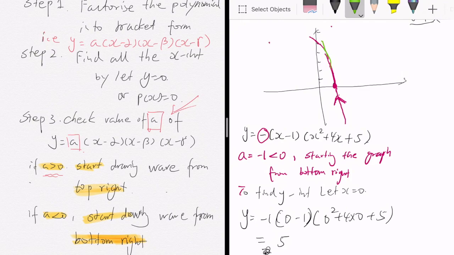So probably we'll pass the y-intercept over here, and then it could continue, or it can decrease and then increase again, and over here should be roughly -2. So the green part is where you need the CAS calculator to help you draw.